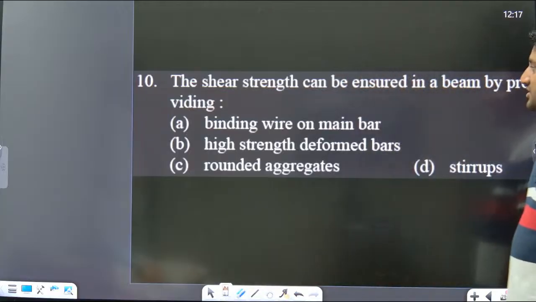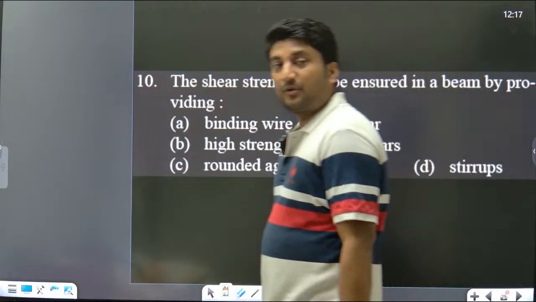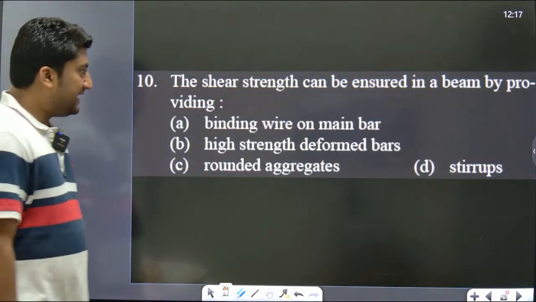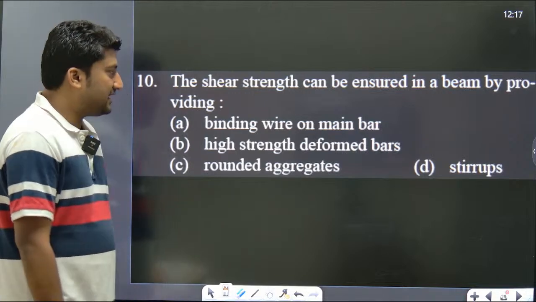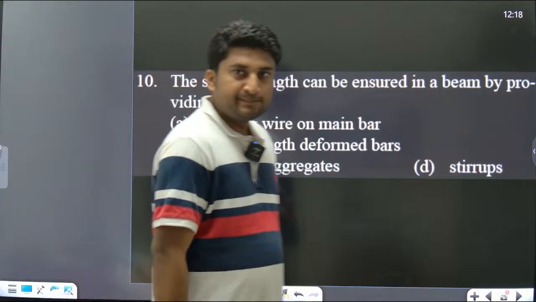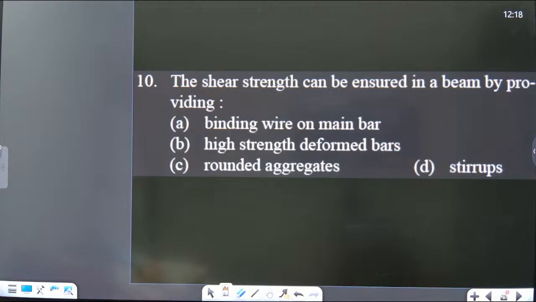Answer this question. The shear strength can be ensured in a beam by providing what? Binding wire on main wire, high strength deformed bar, rounded aggregate, or stirrups. Now what is the correct answer? By which method will you strengthen the beam in shear?